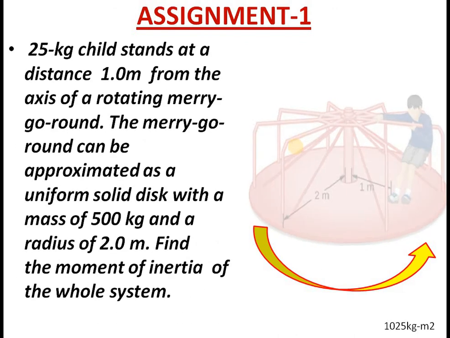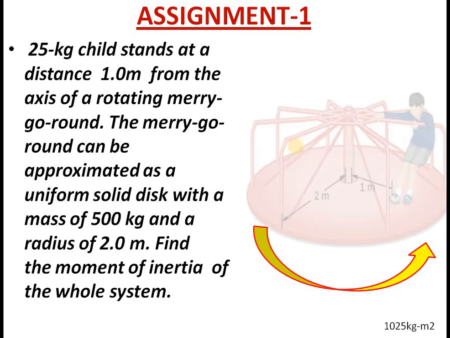So here is the question. A 25 kilogram child stands at a distance of 1 meter from the axis of a rotating merry-go-round. The merry-go-round can be approximated as a uniform solid disc with a mass of 500 kilograms and a radius of 2 meters. Find the moment of inertia of the whole system. I hope the question is clear.